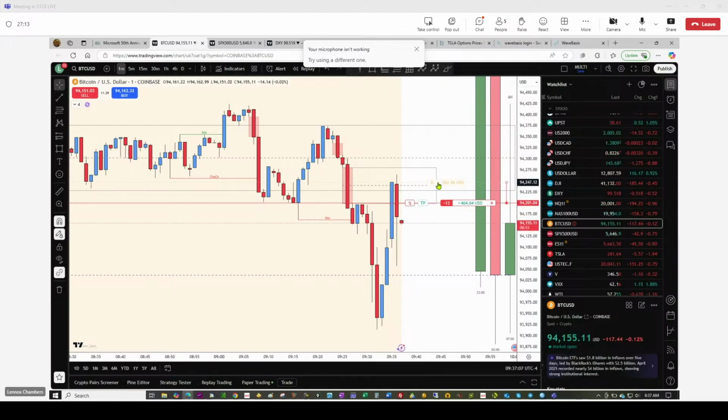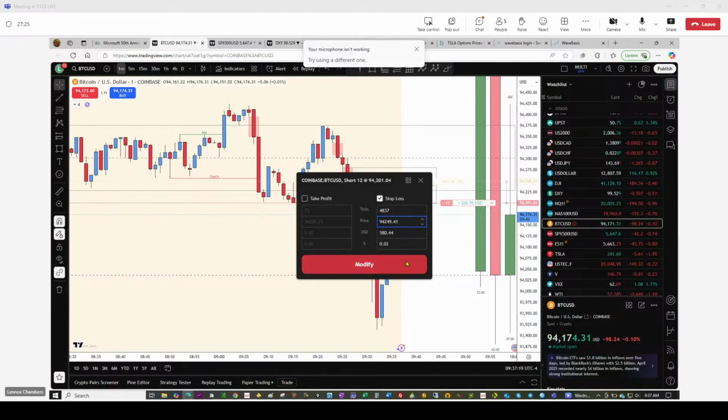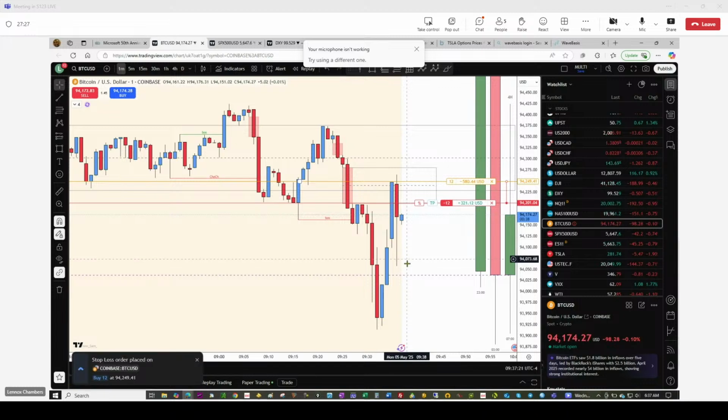Not too far away. I wouldn't expect them to come back up again to take the high, but anything's possible here with these guys. See if we can continue going back down here on Bitcoin.